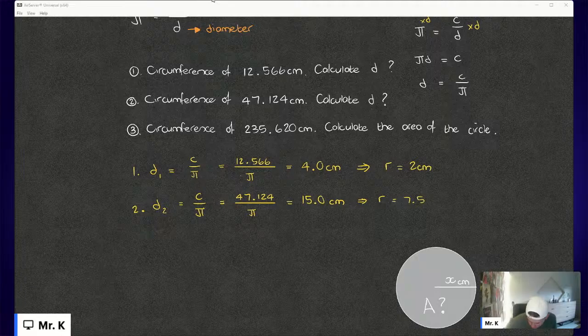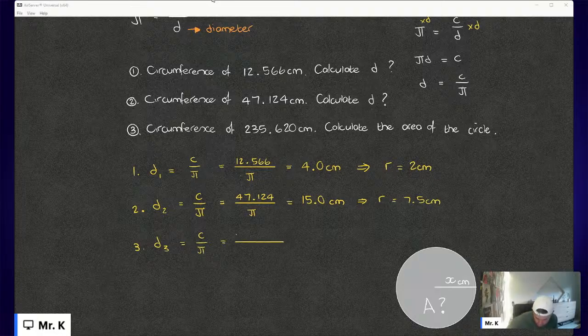So if we repeat the process one last time for diameter number 3, again, we are working with the circumference divided by pi. In this case, our circumference is 235.620 centimeters divided by pi.